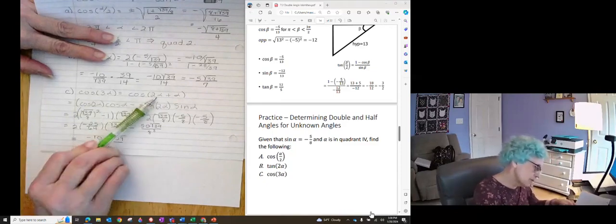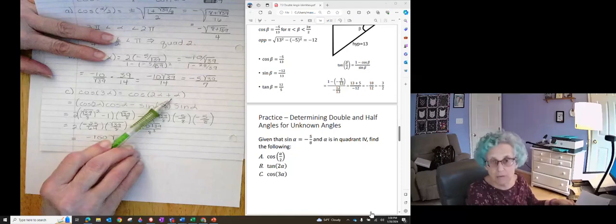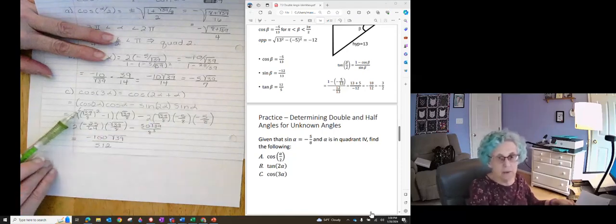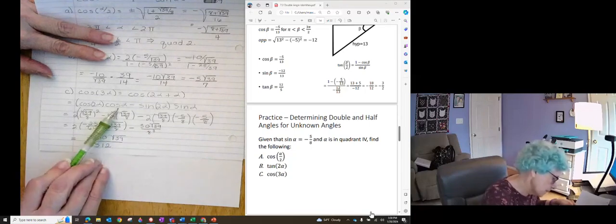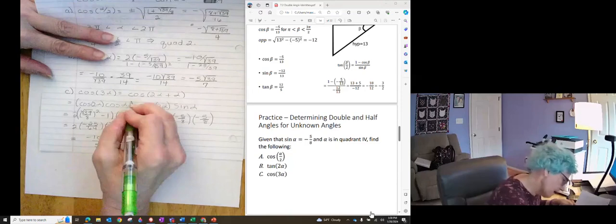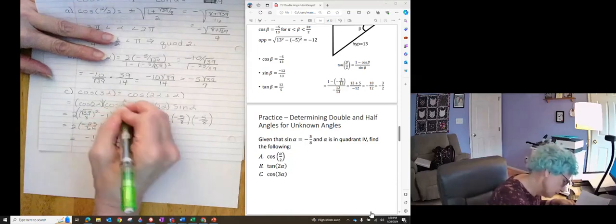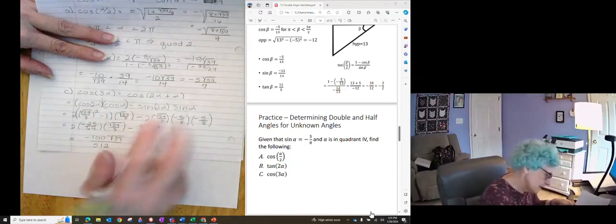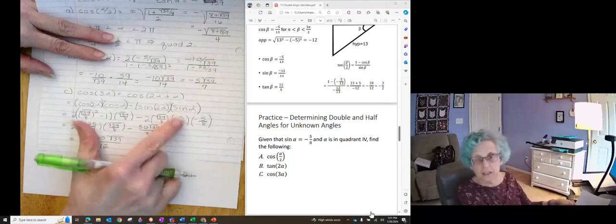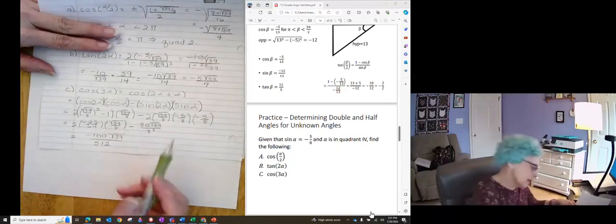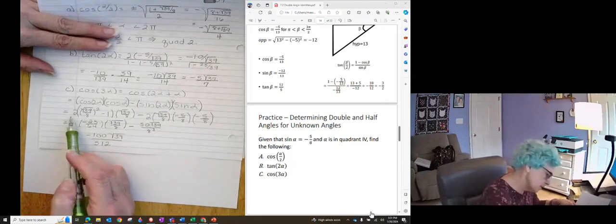Cosine of 3 alpha, I had to write as 2 alpha plus alpha. So I had cosine of 2 alpha times cosine of alpha, minus sine of 2 alpha times sine of alpha. So I had to use that sum identity from the last unit.